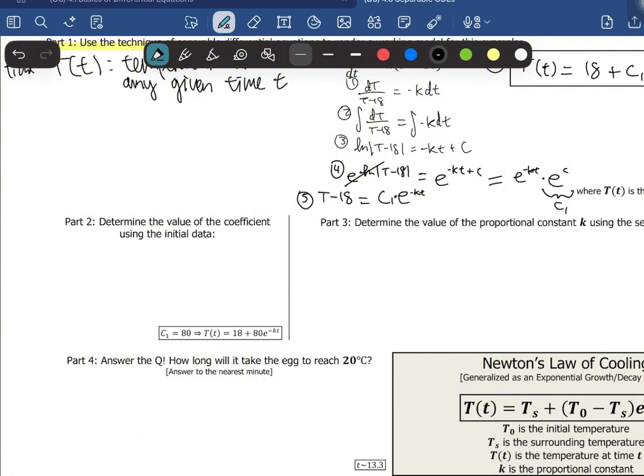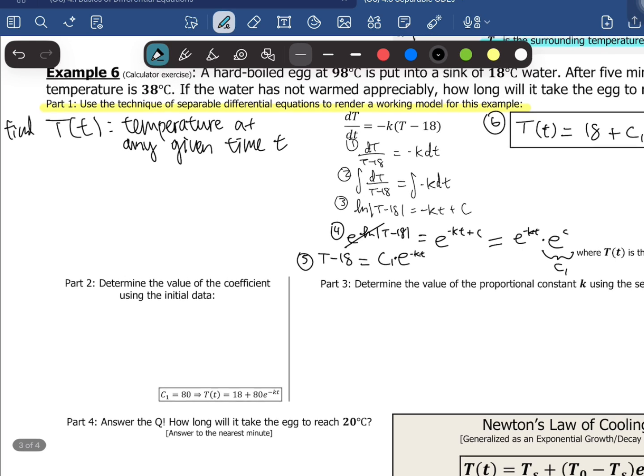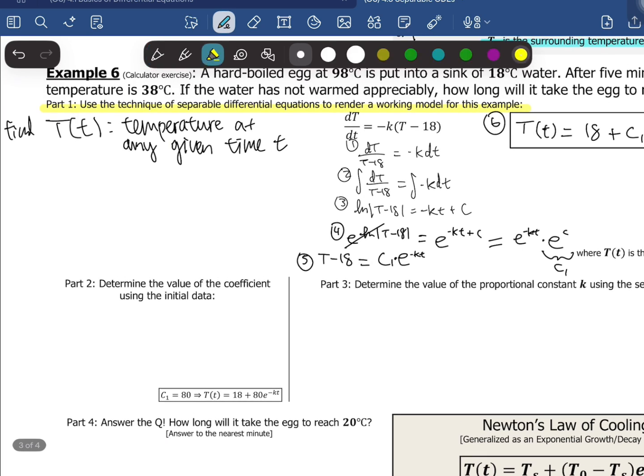Determine the value of the coefficient, and in this case, when it says coefficient, we are referring to C1, using the initial data. Okay, to find C1, let's first write down our function, and I'm going to leave t blank for a reason.